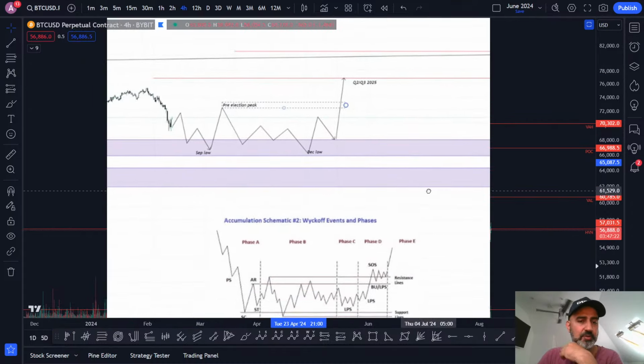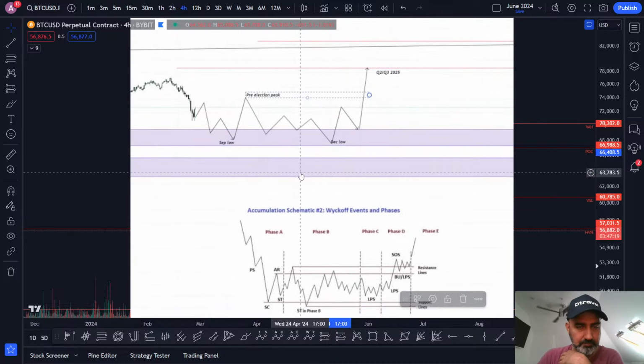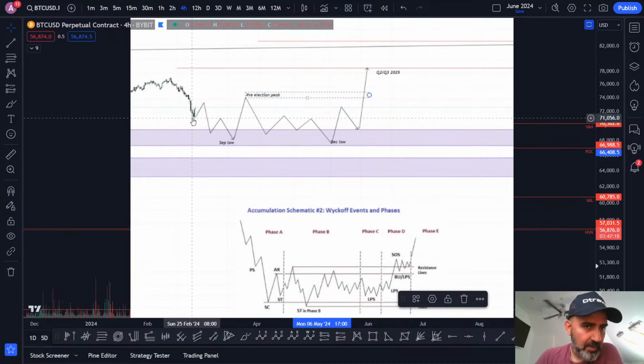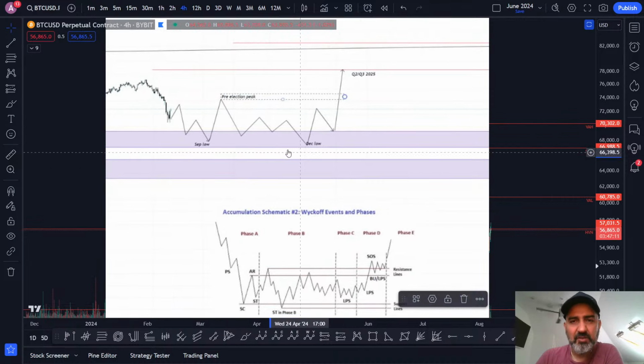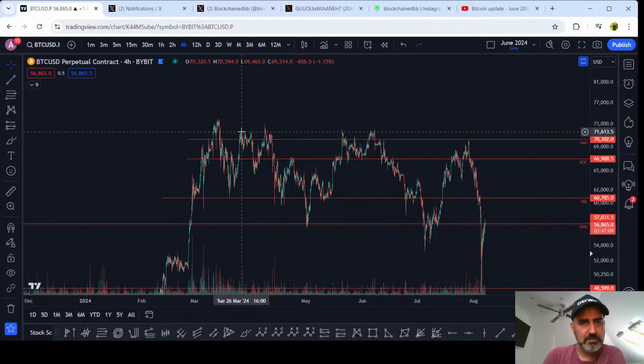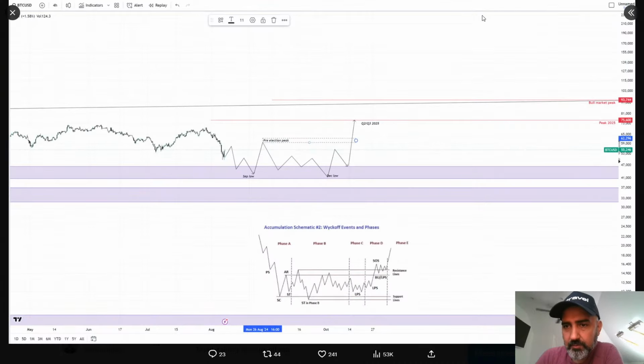Look what she's saying. Look, it's quite interesting. This is the corrective up. Then she's looking for a dump down. I don't have the numbers. All right, let me just go back to her drawing. So she's looking for this corrective up. That's what we're in now.